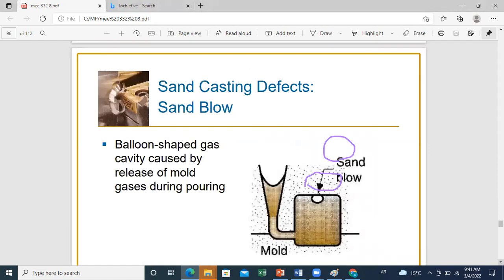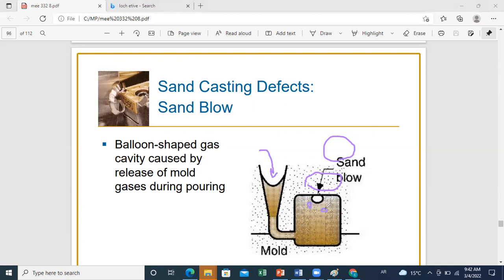Now, another type of casting defects is sand blow. It consists of balloon-shaped gas cavities caused by release of mold gases during pouring. During the pouring process, sometimes, due to turbulence levels during this step, you have formation of gas bubbles.